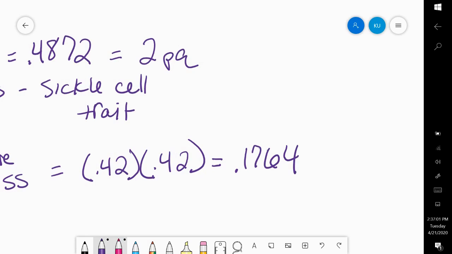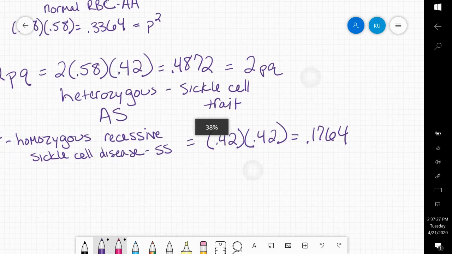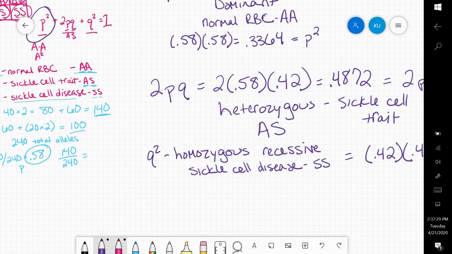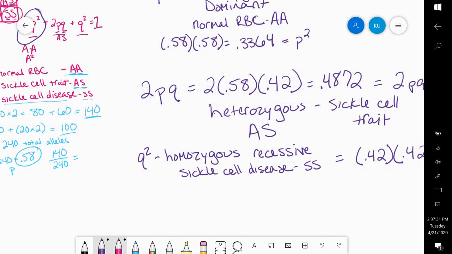So if that's Q squared, which is about 17% of the population, maybe 18% if you're rounding, okay? We have to check our work. If our numbers make sense, if they account for the entire population, then it's going to add up to 1. When we add all these decimals up together, it is going to equal 1, which would equal 100% of the population. So we go back to this original equation, P squared plus 2PQ plus Q squared equals 1.